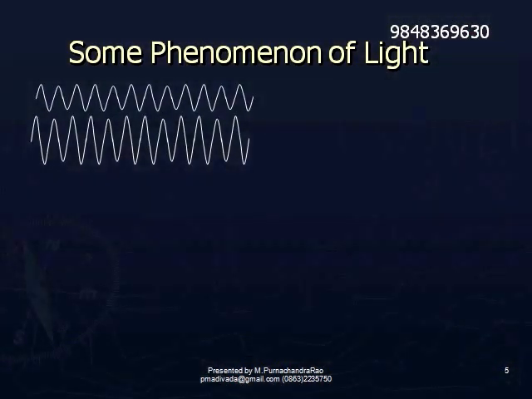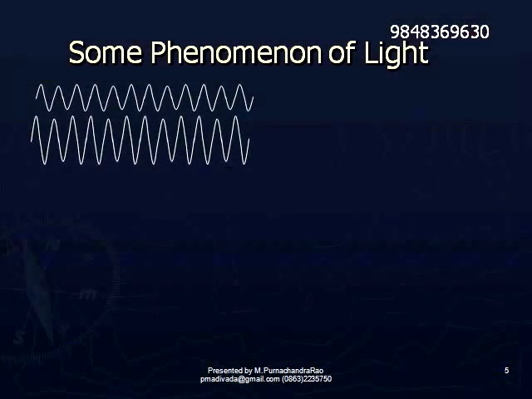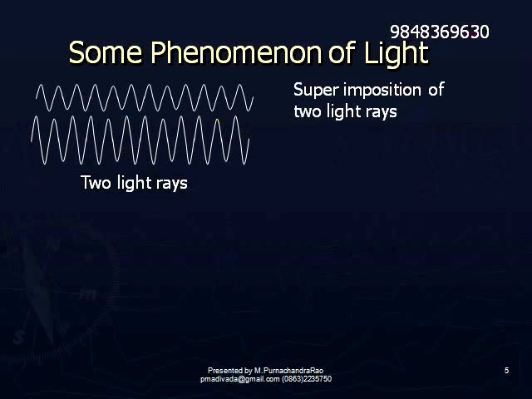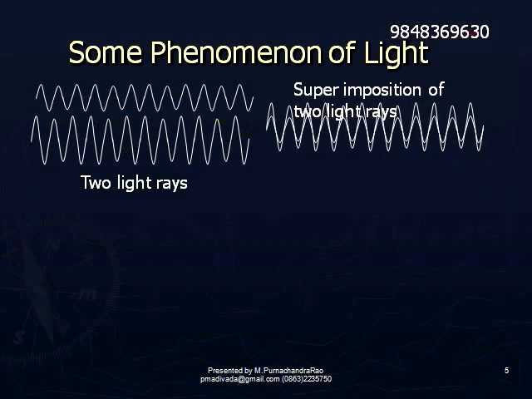You have already studied reflection, refraction, dispersion, etc., and also interference, diffraction, double refraction, polarization, etc. Now I will recollect these concepts which you have studied. Interference is the superimposition of two waves. When two light waves meet, superimposition takes place.